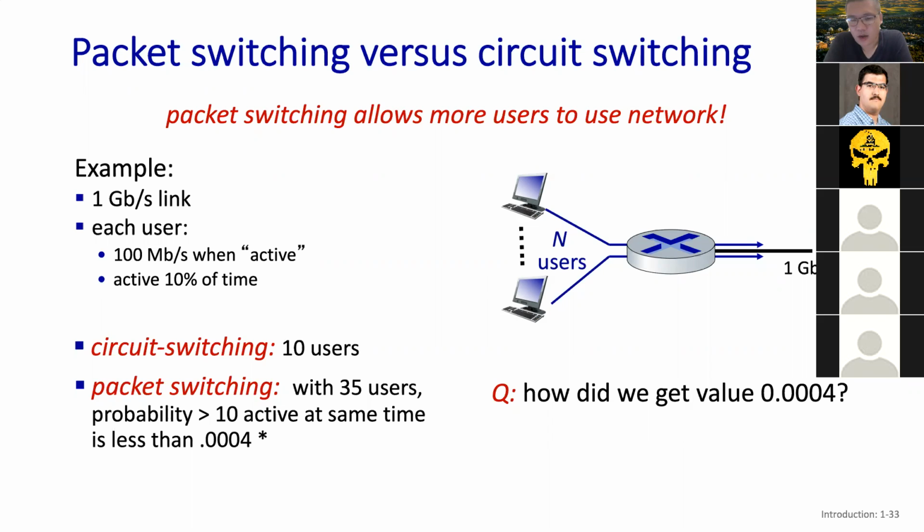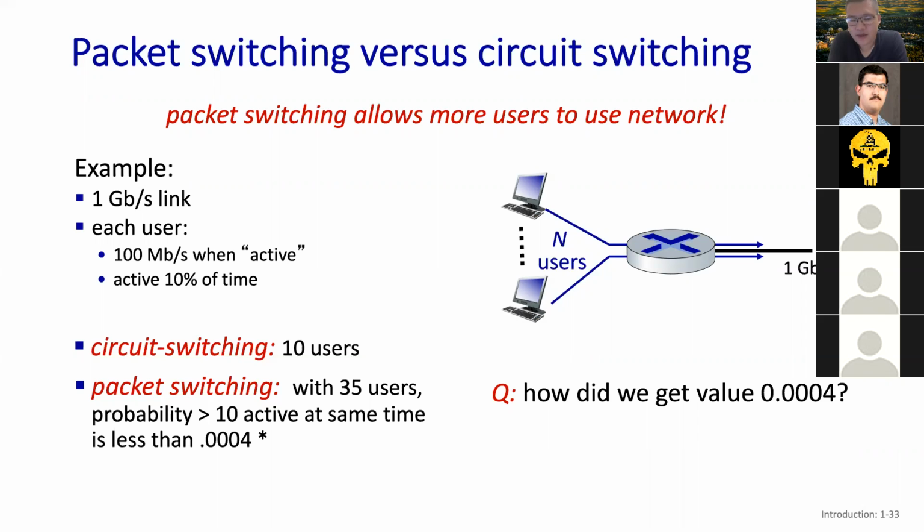So how can we get this value? If you have learned probability, you know that a probability around 0.04% is very low. That means with 35 users using the network, the probability of more than 10 active users is almost impossible, because it is a very, very low probability.